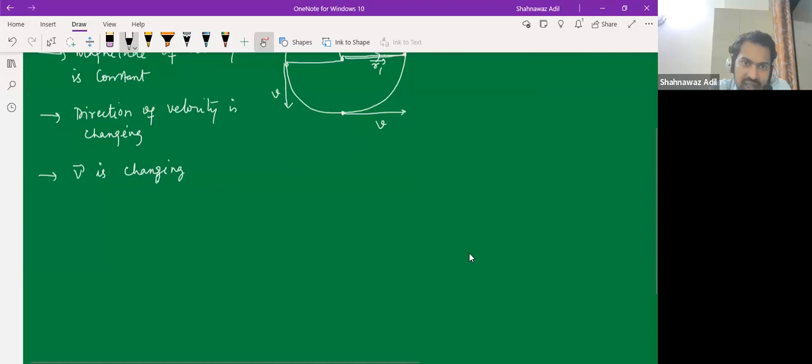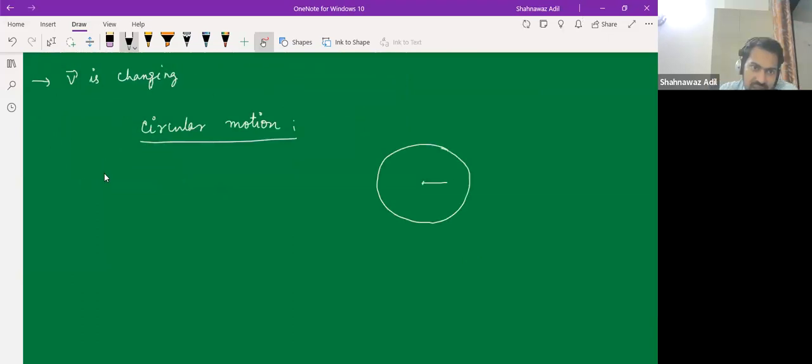We have talked about all the distances, right? We know about distance, we know about displacement, we know about velocity, we know about speed, and we know about acceleration.